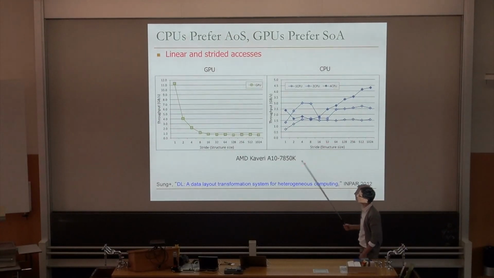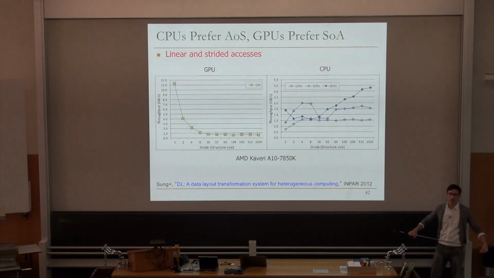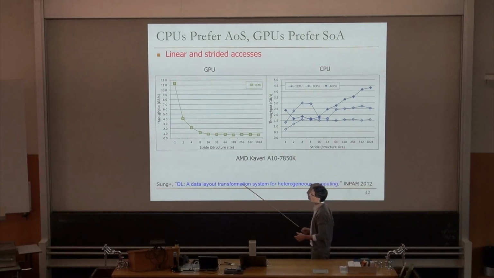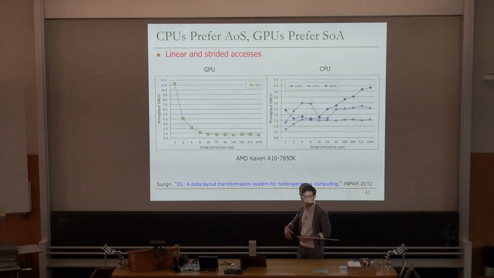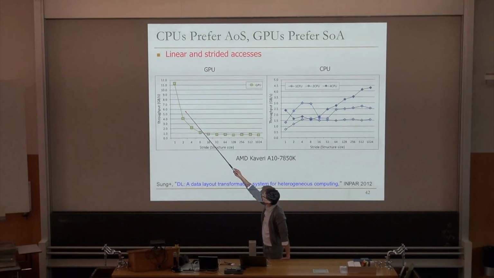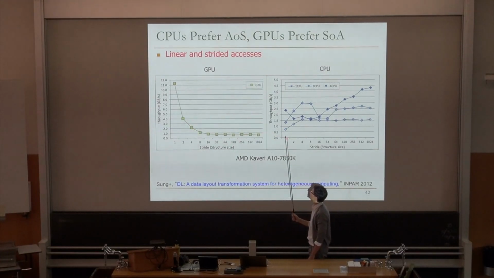So that's why the throughput for CPU and for GPU might be different and might look like something like this. Here, these are experiments run on an AMD Kaveri, a CPU-GPU integrated system in the same chip. If we access the same data structure with a specific structure size, with a specific stride across consecutive accesses, you will see that the throughput for the GPU goes down very quickly when we increase the stride.